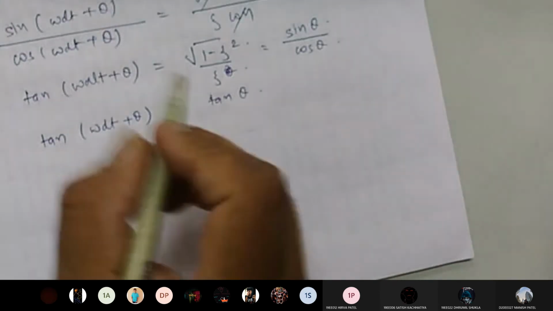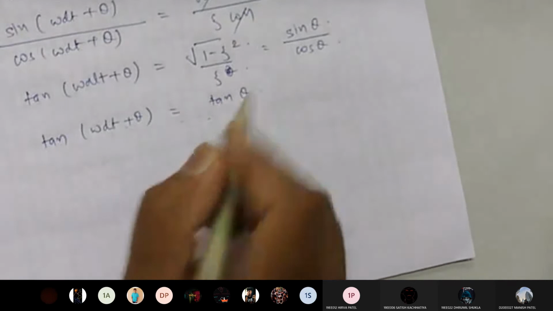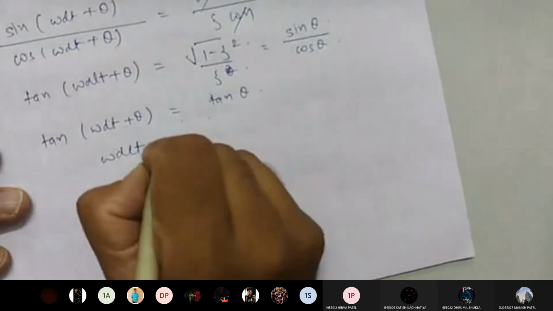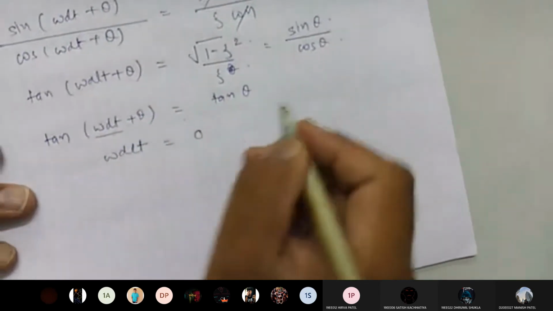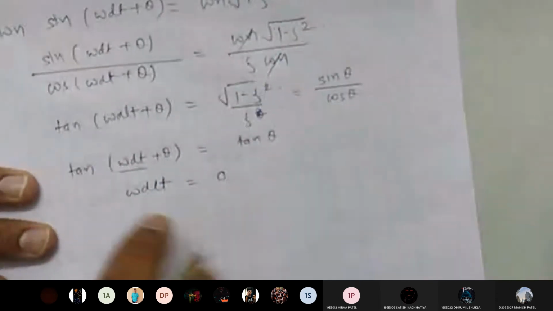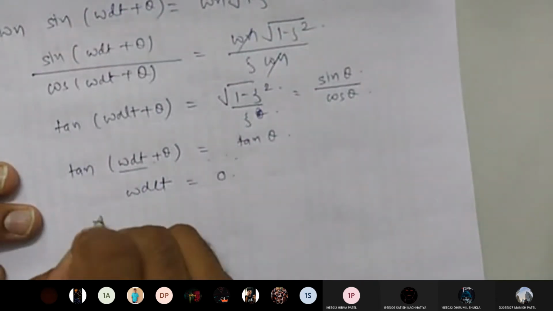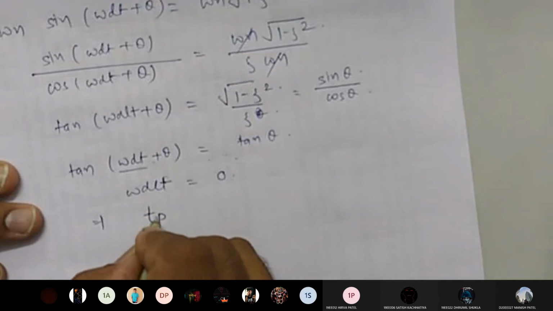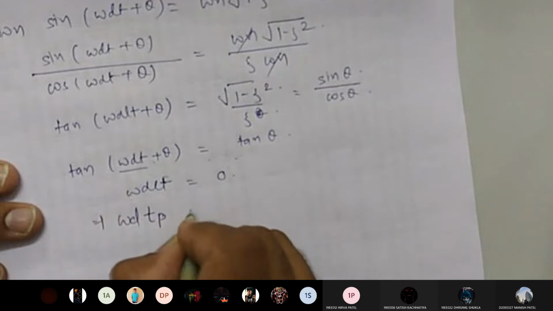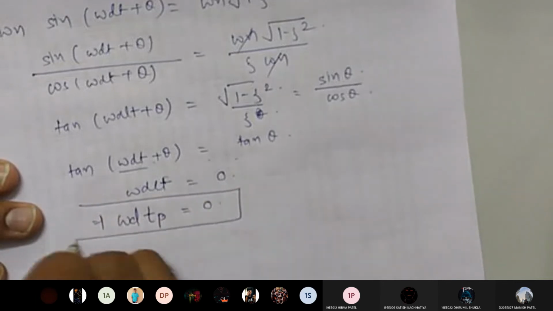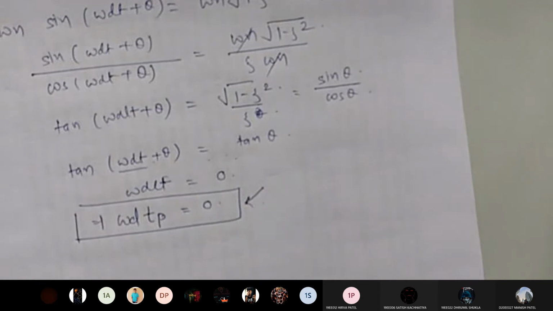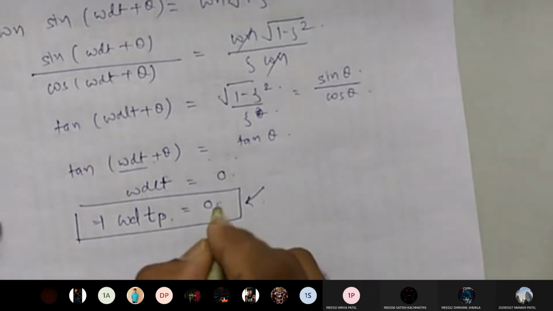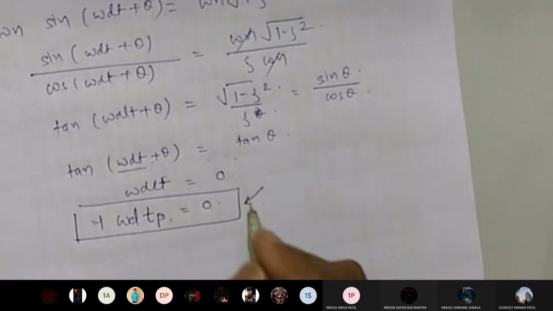Okay, what does that mean? When do both equations, tan theta, become equal? If omega dt is equal to 0, then we can write it like this. So this time is nothing but tp. When does this term become 0?